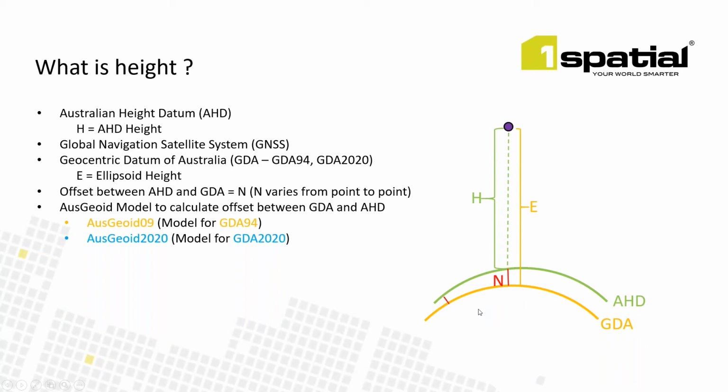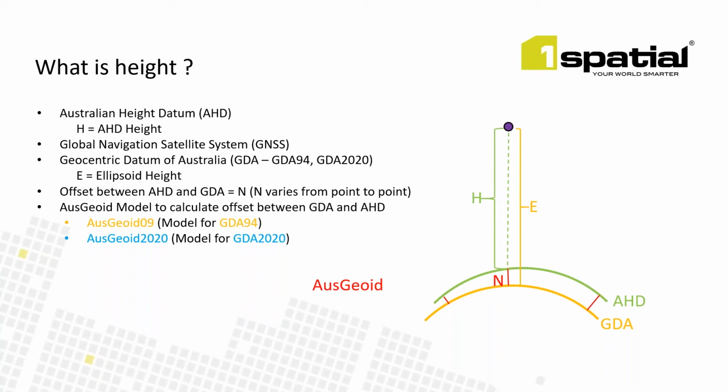The problem is this N value is different from point to point, because the AHD could go closer to the datum that we referred to, or sometimes it can go below or above it. So this N value could be positive or negative depending on the location. Therefore, there should be an easy way to resolve this issue.